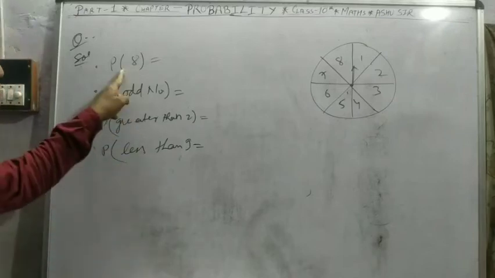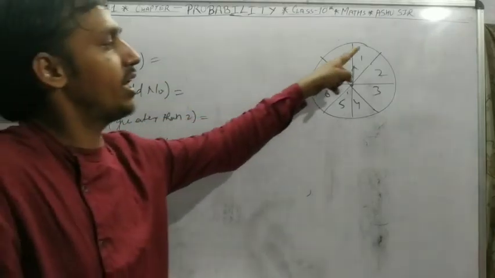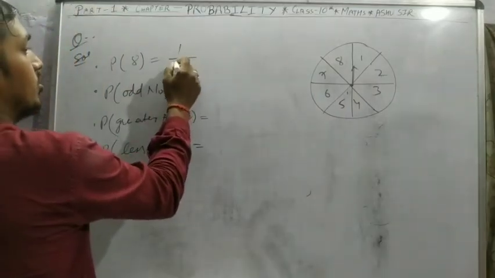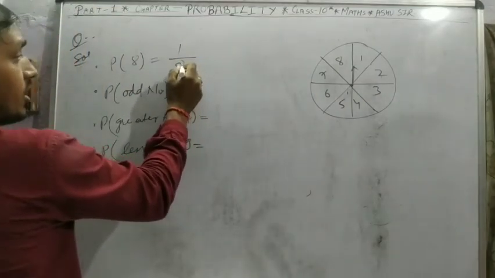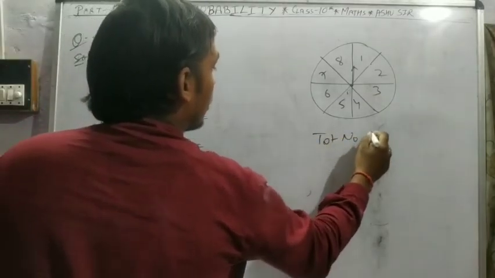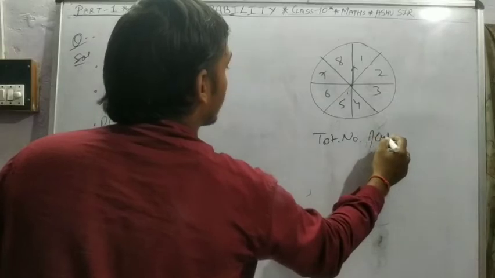So the probability of 8: how many 8s are here? Only 1. So 1 upon 8. This 8 is the total number of outcomes.